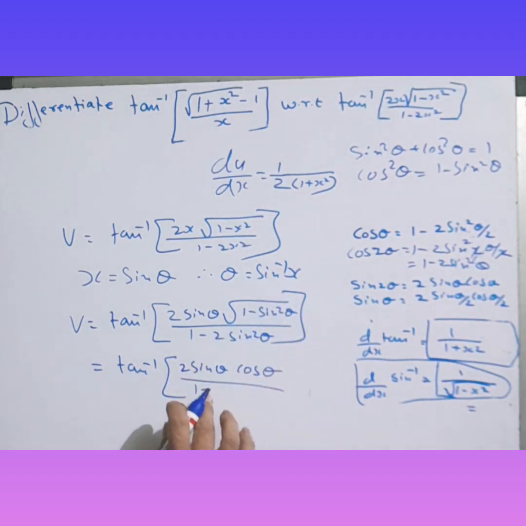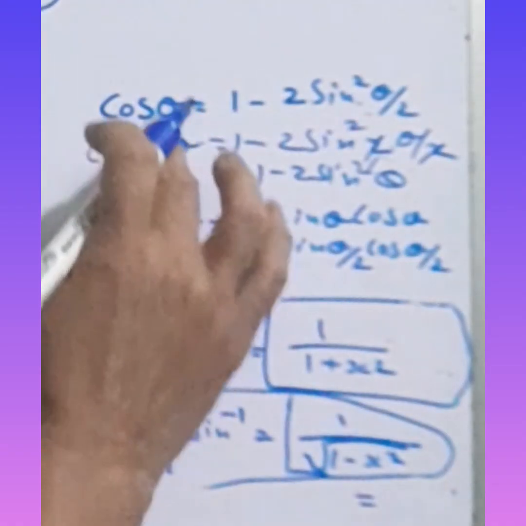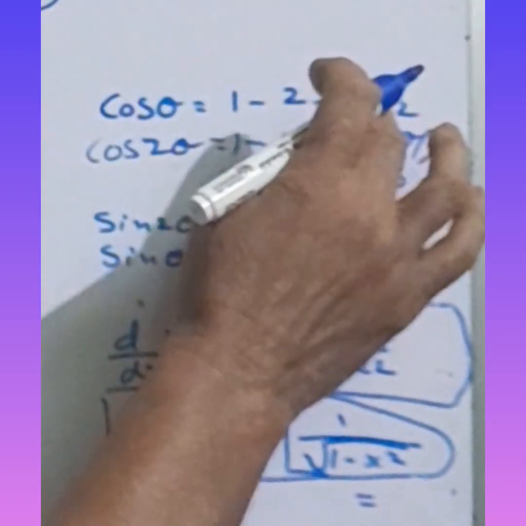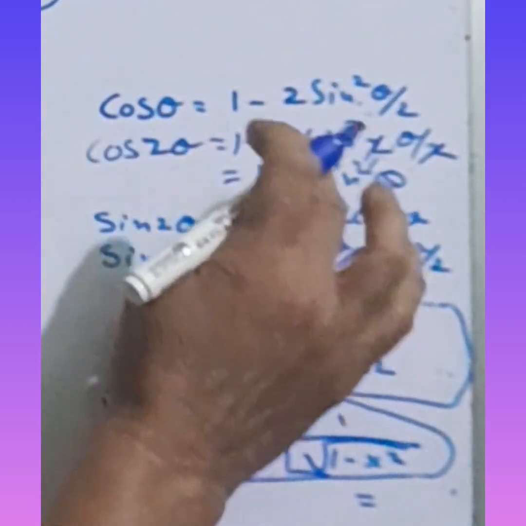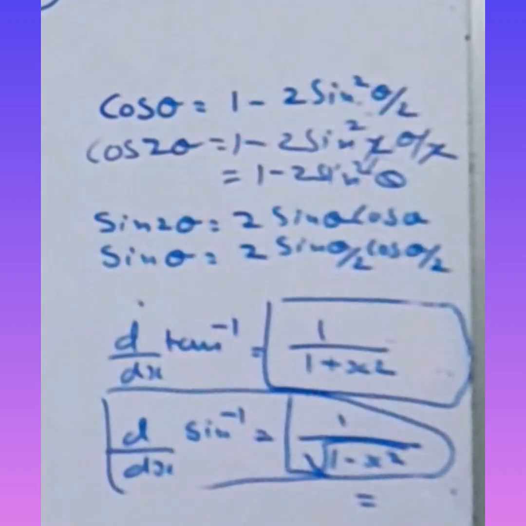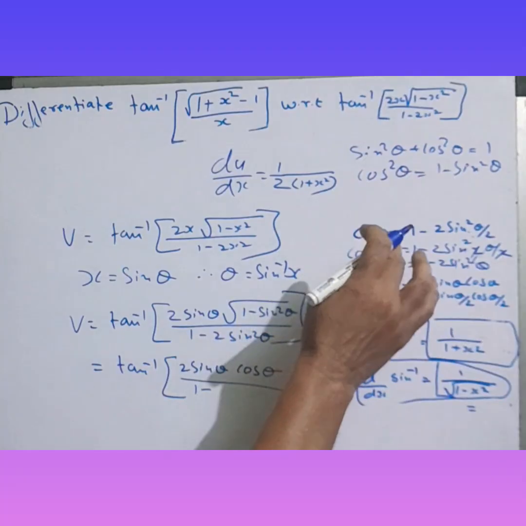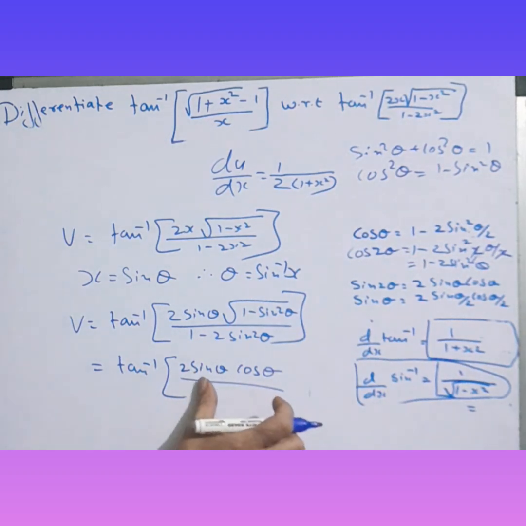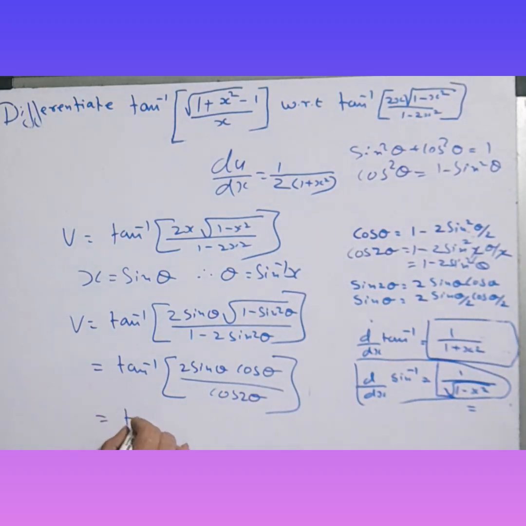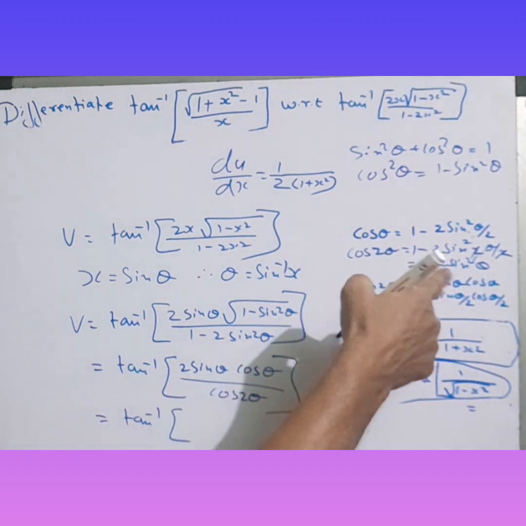Now here also, see, cos theta was, this was the formula. If I multiply this theta and this theta by 2, it becomes cos 2 theta is equal to 1 minus 2 sine square theta. So 1 minus 2 sine square theta is equal to cos 2 theta. So I don't write this, I write cos 2 theta. 2 sine theta cos theta is already mentioned there.